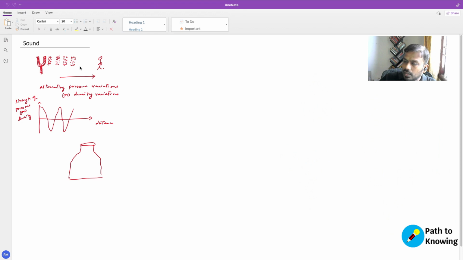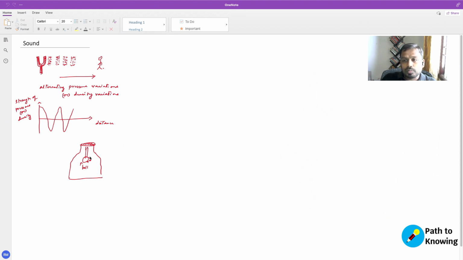Originally it is sealed, and as long as there are some air particles nearby, when you switch on the bell, you will be able to hear it from outside.